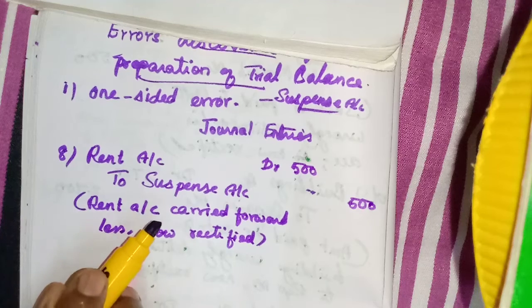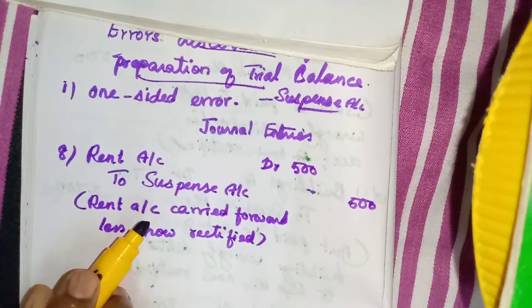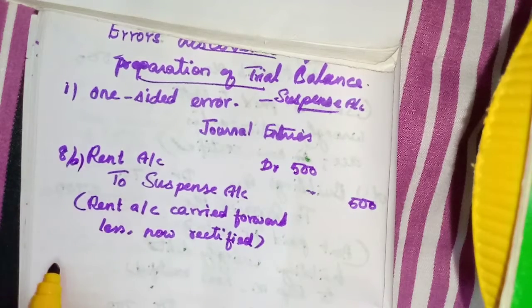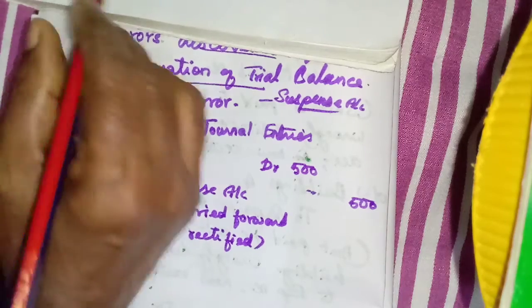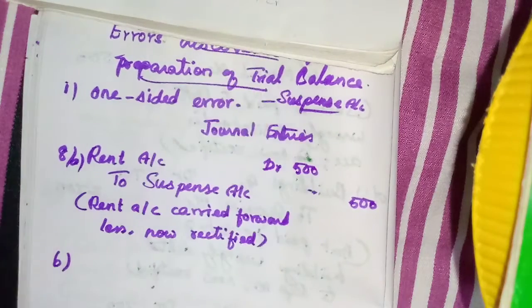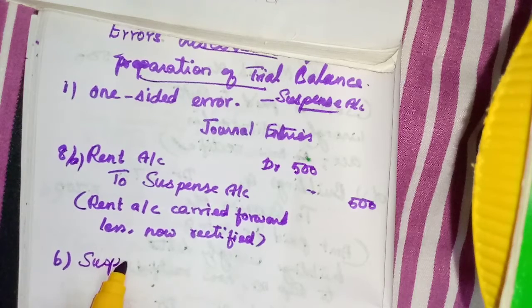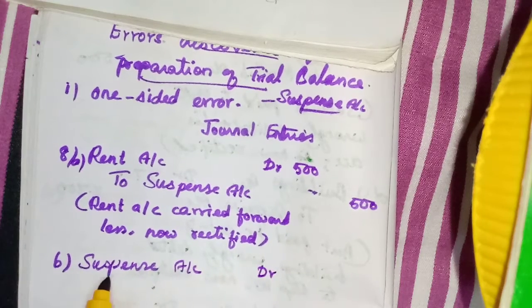Okay, next one. Wages paid was carried forward 250 excess. This is A, then B. Wages paid shows which balance? Debit. So debit is more. So what should we do? Credit wages account, so debit suspense account. So suspense account debtor to wages account.